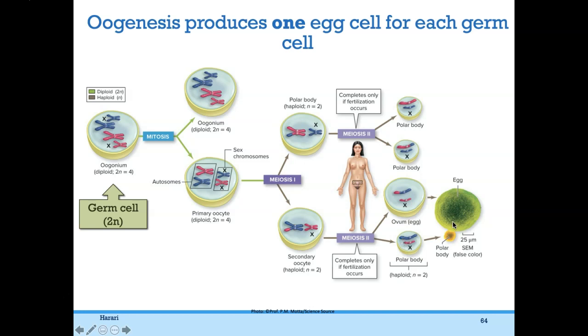So you can look at the difference in size between the egg and the polar body. So at the end of oogenesis, we just got one ovum, only one egg cell from each primary oocyte. Compare that to male spermatogenesis. One primary spermatocyte gave us 4 sperm cells.